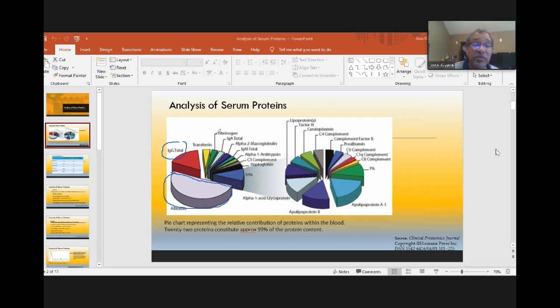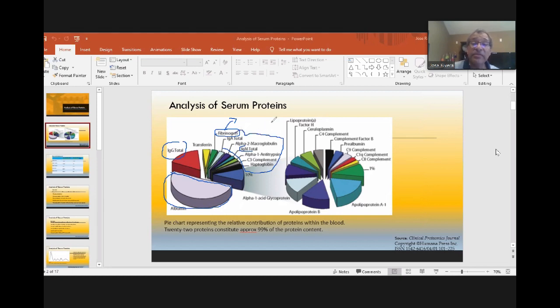And then you have other ones like transferrin and transport proteins. You have fibrinogen, which is involved in clotting. This is like in wounds when you make a clot. These are not the clotting factors, this is a protein. And then of course you have the IgM. All of these are in smaller quantities, but they're all important.